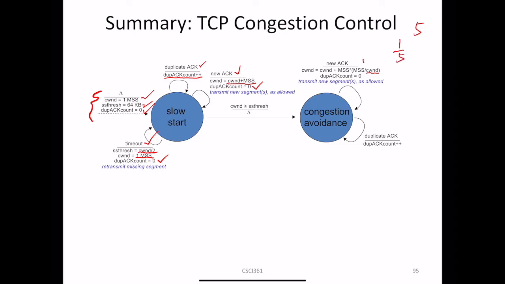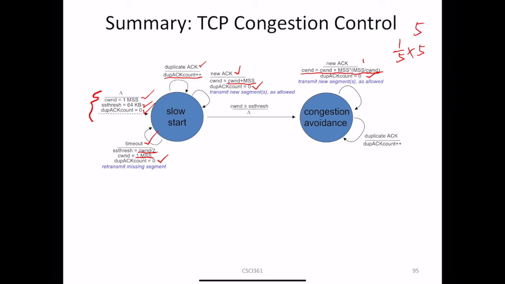That means if these 5 new ACKs have been received by the sender, in total the congestion window will be increased by 1. This is the meaning of this equation. And then the duplicate ACK count will be reset to 0.